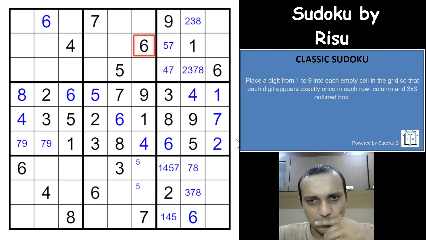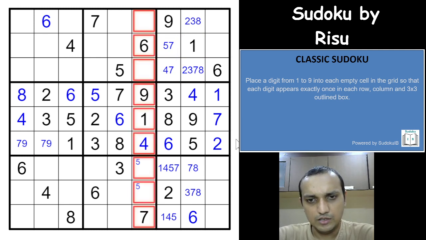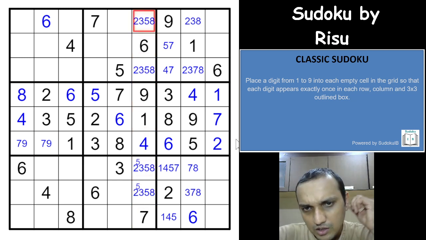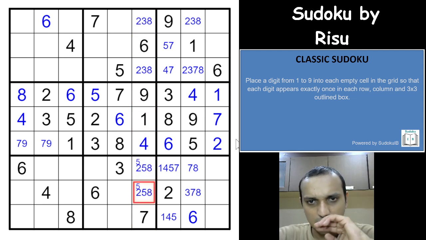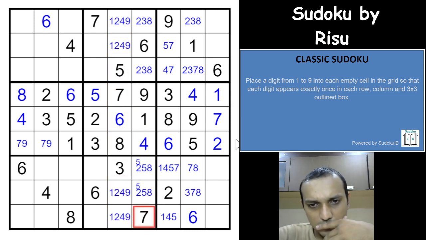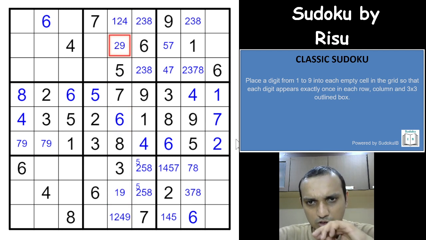So this column now 2, 3, 5 and 8 again, right? 5 cannot be in any of these two cells, 3 cannot be here. Okay, so that's done. Here 1, 2, 4 and 9. So 2 and 4 cannot be here, 1 cannot be here, 9 cannot be here, and 4 also cannot be here.